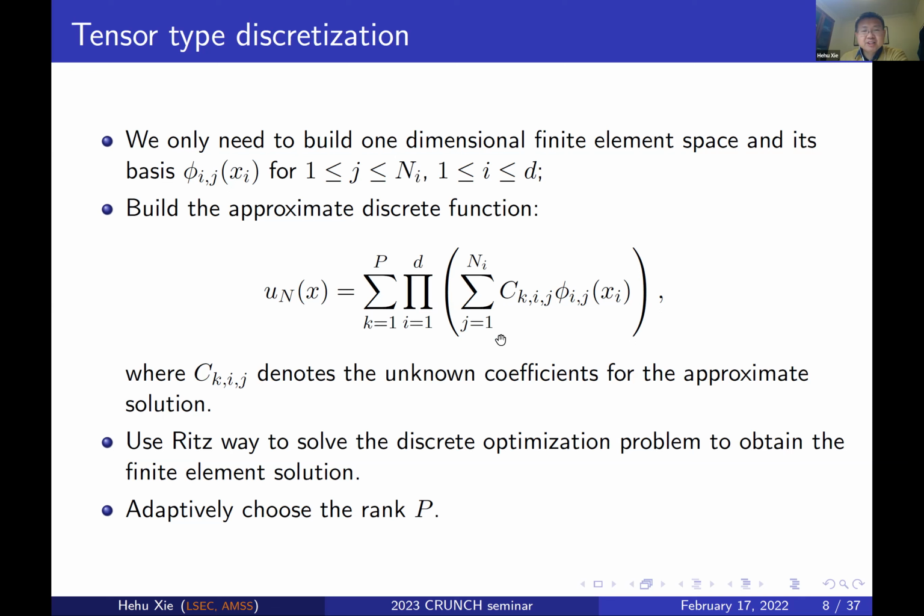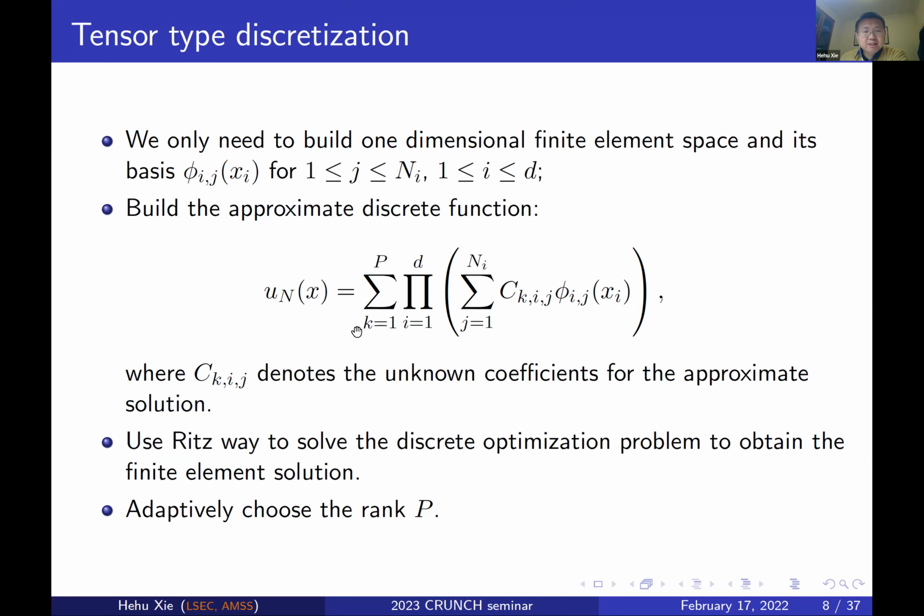From here, we can see this is a tensor type way to build the approximate function. Here n_i denotes the number of bases in the ith dimension, and the notation p denotes the length of our tensor functions.